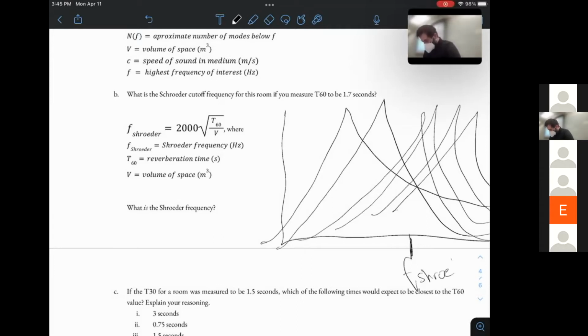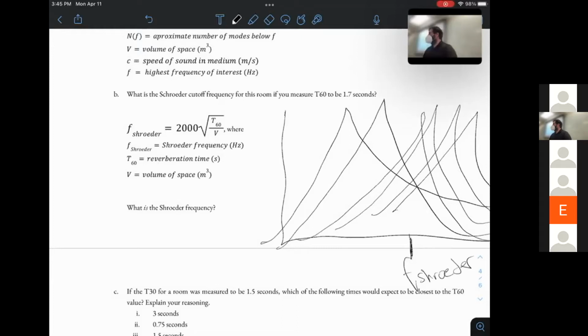It's the transition between where you can identify these individual modes, spaced far enough apart that you can see them on the frequency response, and this part where they're so close together it just looks like one thing. You can no longer pick out those individual modes in the frequency response.